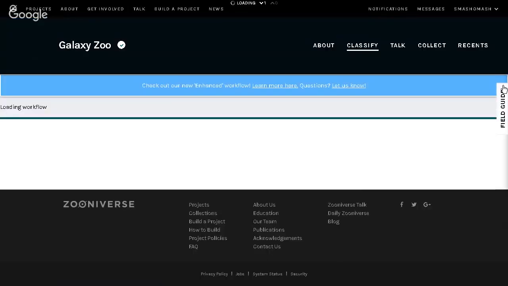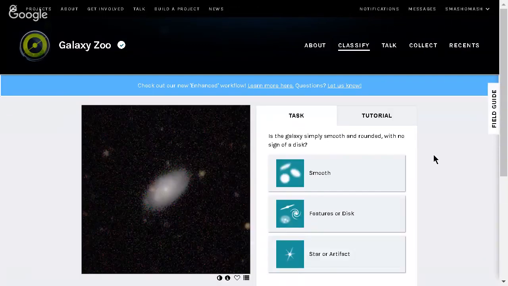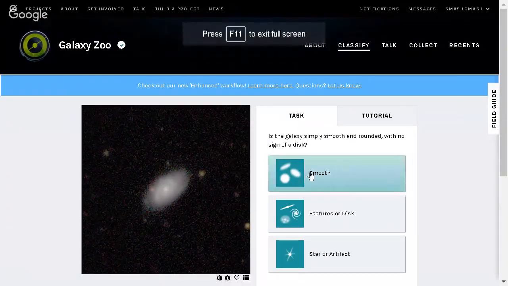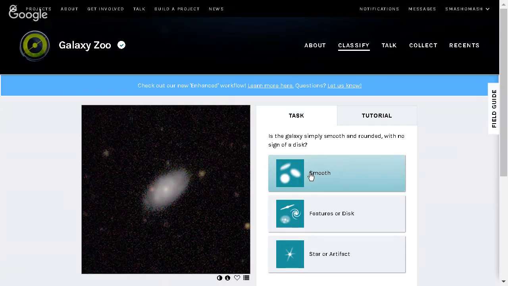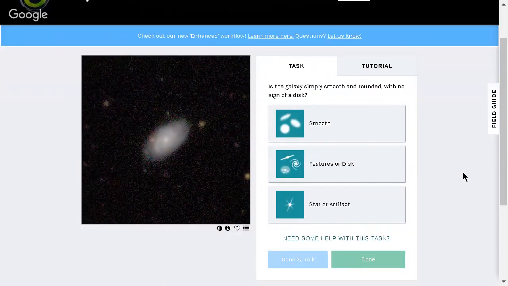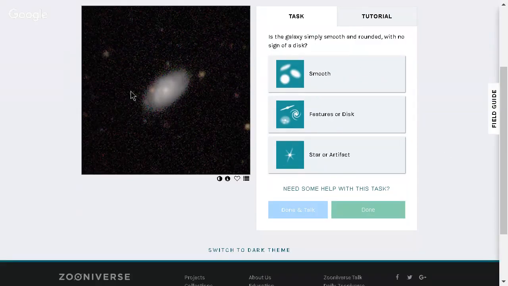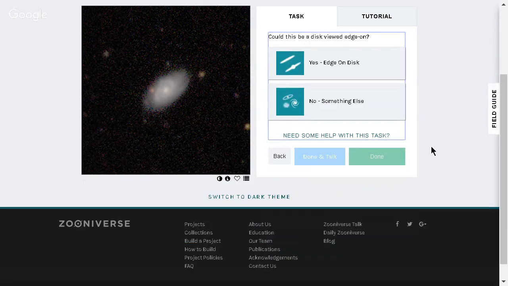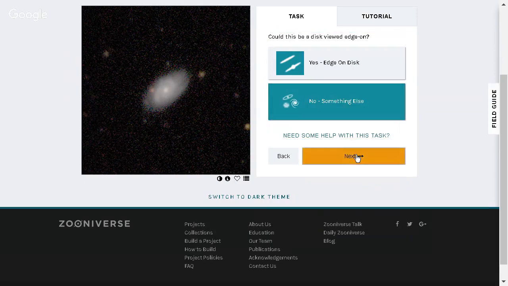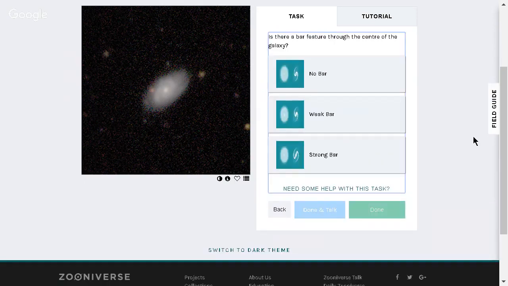The morning star. Let's check out Galaxy Zoo at zooniverse.org, where we need citizen scientists to classify galaxies since computers are incapable. Check out this semi-spiral. It's got features. It's not just a plain old elliptical. Is it an edge-on disk? Well, certainly not. Is there a bar?